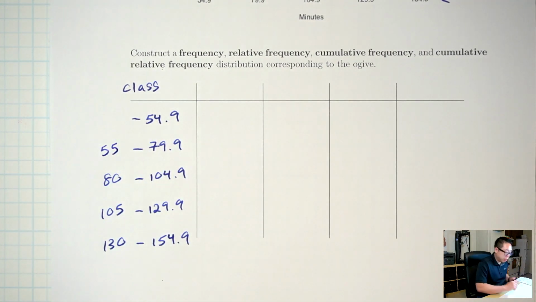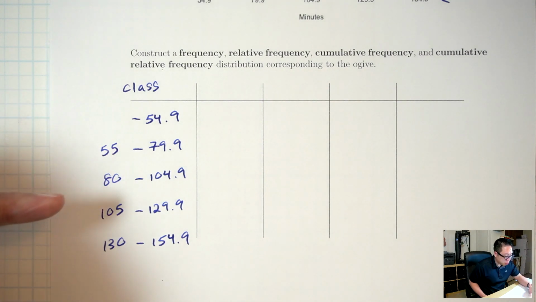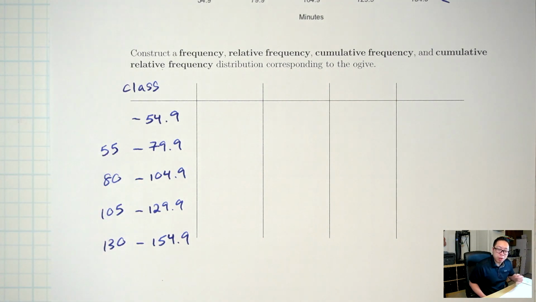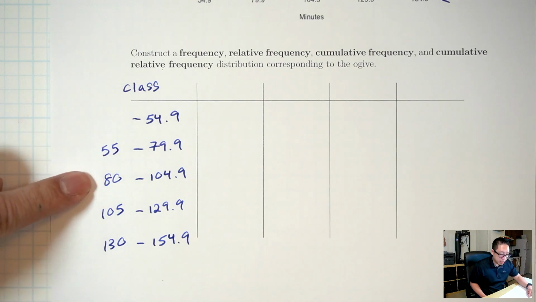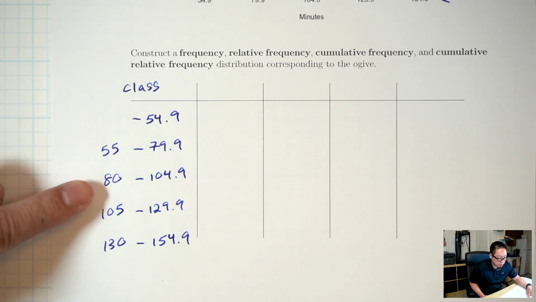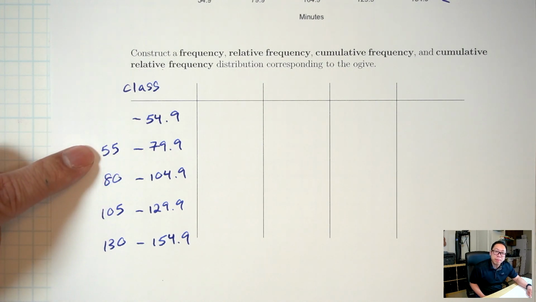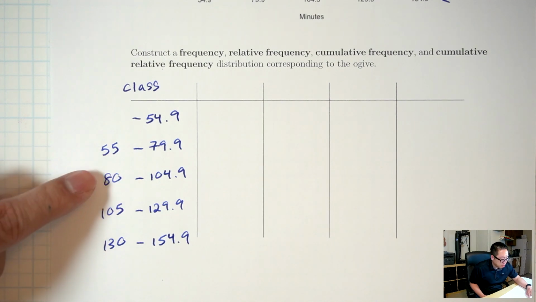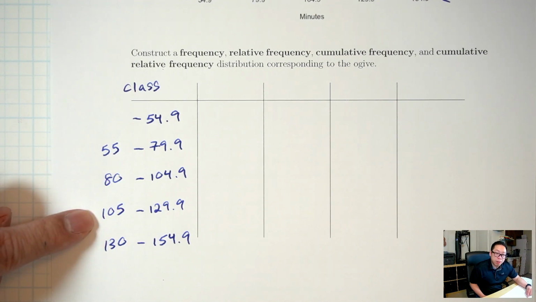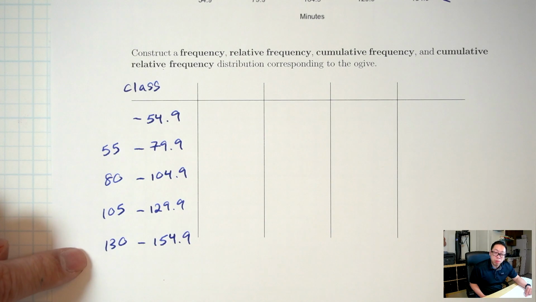And then the hard one is this first lower limit. To find it, figure out what your lowers are going up by. From 55 to 80, that's going up by how much? Just subtract. 80 minus 55 is 25. From 80 to 105 is also going up by 25. 105 to 130 is going up by 25.